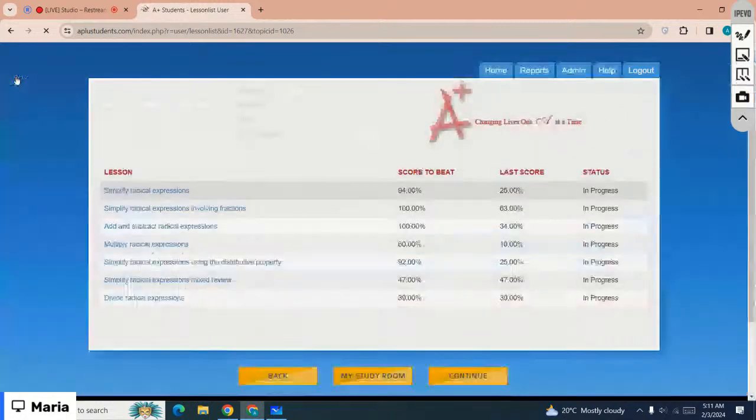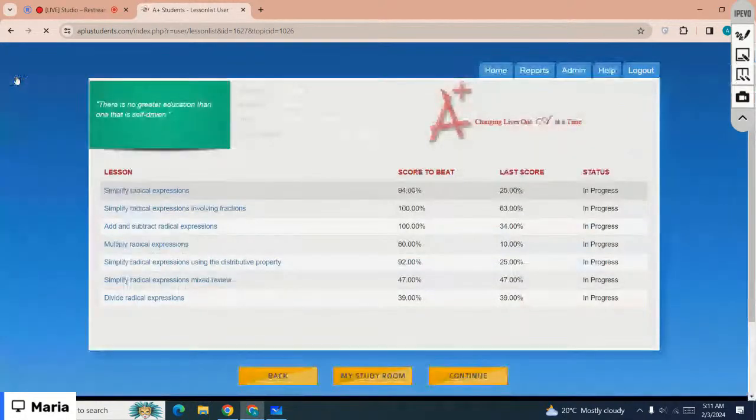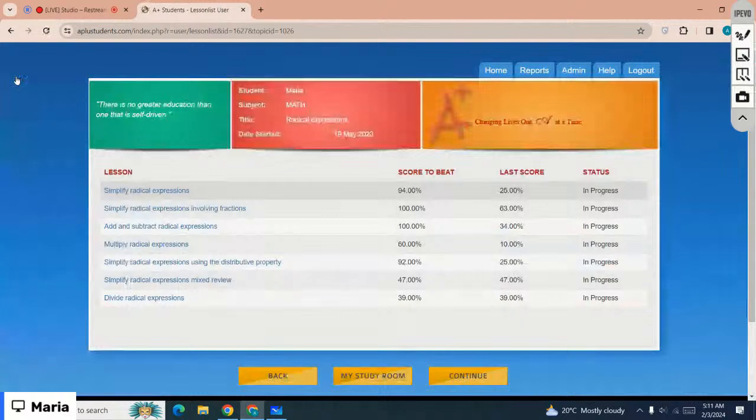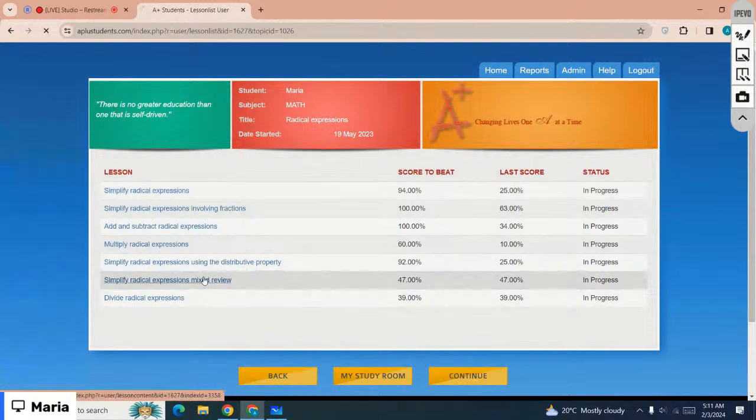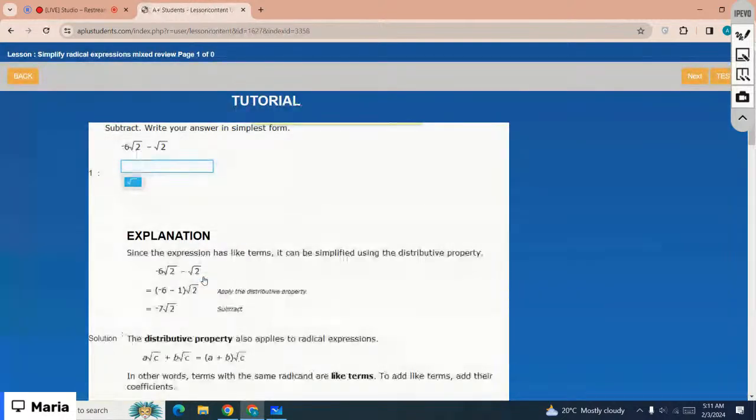And the next lesson is simplify radical expressions mixed review. So let's start with the lesson. Okay, the first one is subtract 6 square root 2 minus square root 2. Basically, when we are adding or subtracting radicals, we have to look for the like terms.